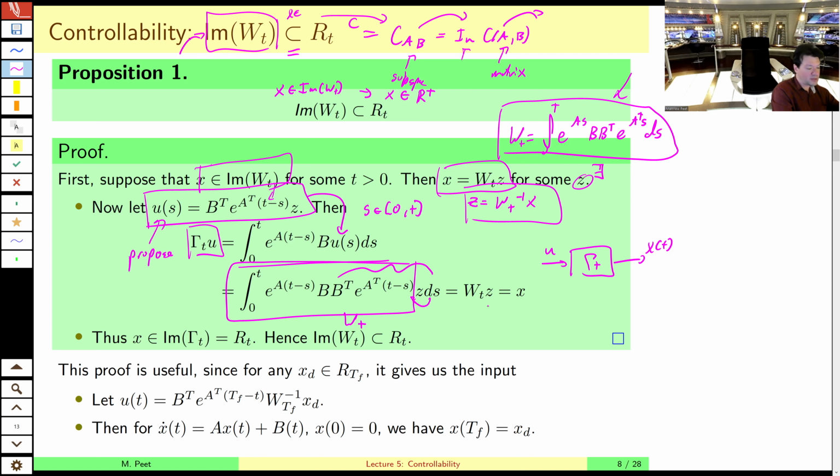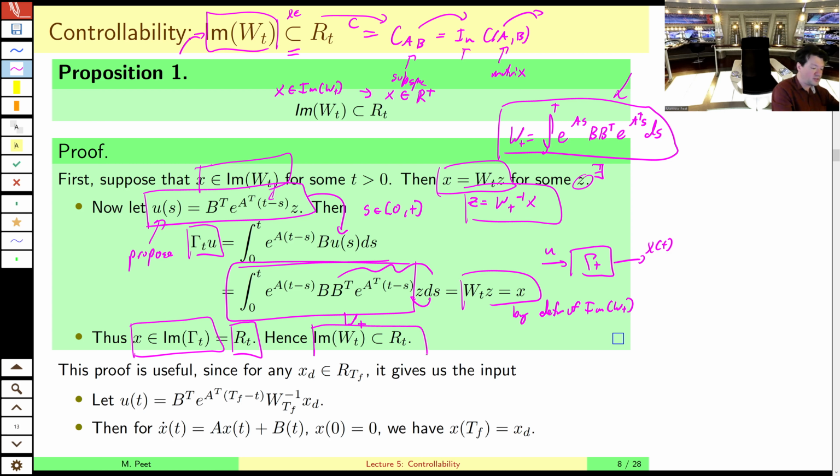And so it's just W_T Z, which, by assumption, or by the definition of image, is equal to x. And therefore, we conclude that x is reachable at time T, and hence it's in the reachable subspace.